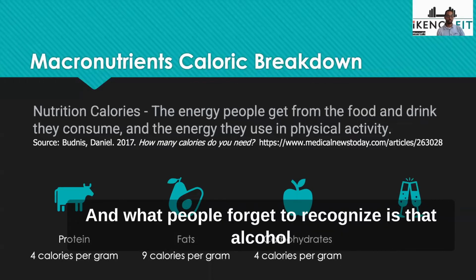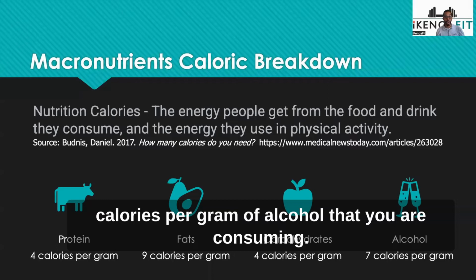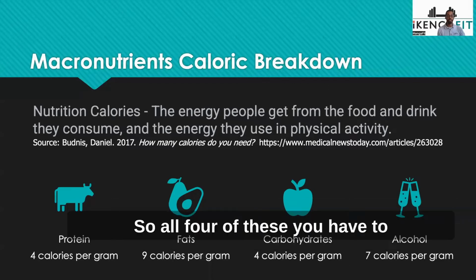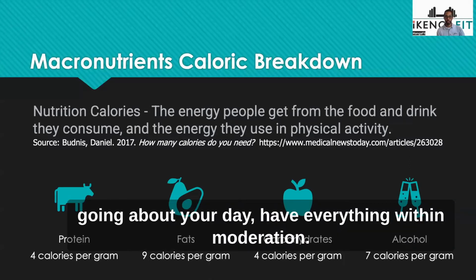And what people forget to recognize is that alcohol has a calorie count as well, which is 7 calories per gram of alcohol that you are consuming. So all 4 of these you have to pay very close attention to as you are going about your day. Have everything in moderation.